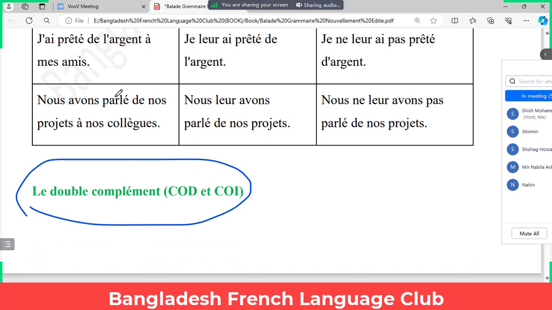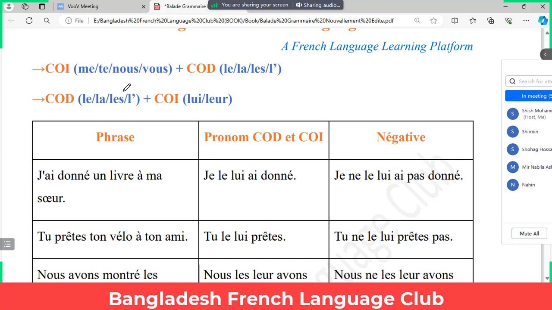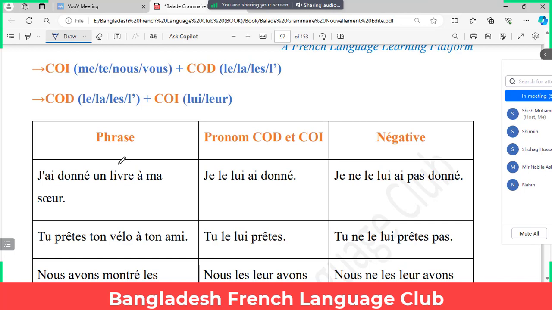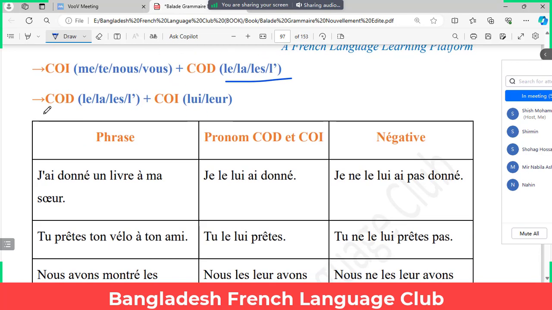Here the double complement is changed this way: if the COI comes first, then it is me, te, nous, vous plus COD. And for COD first, le, la, les, and after that the COI. They follow this order.